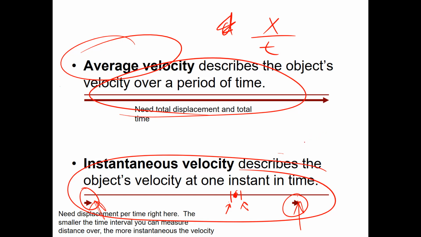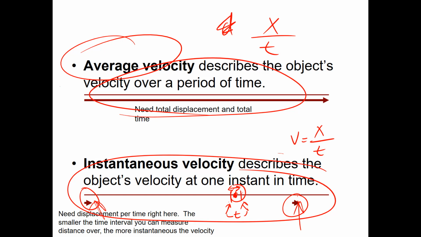What's the displacement in this small area? What is the time? How long did it take to get from here to there? You take that displacement, you take that time, and you end up solving for velocity. If you're just taking one small section, that's pretty close to your instantaneous velocity there.